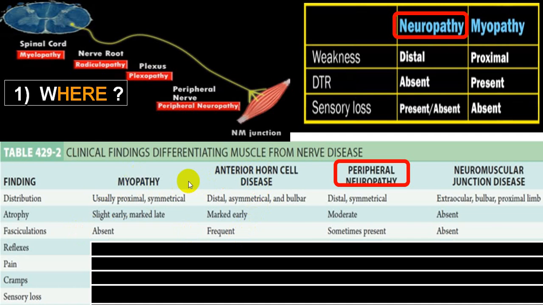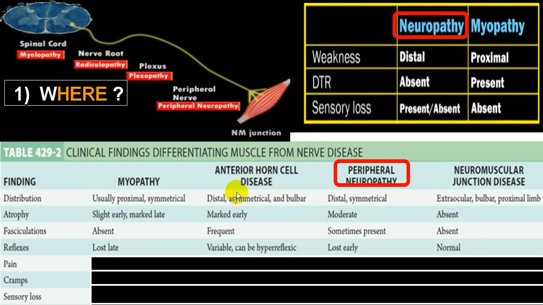It will not be seen in myopathy or neuromuscular junction, and it will be present in peripheral neuropathy because it is lower motor neuron type, but more frequently in anterior horn cell lesion. As far as reflex is concerned, it will be affected in anterior horn cell and in peripheral neuropathy, while it will be preserved in neuromuscular junction and in myopathy.